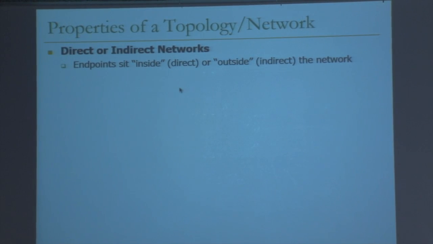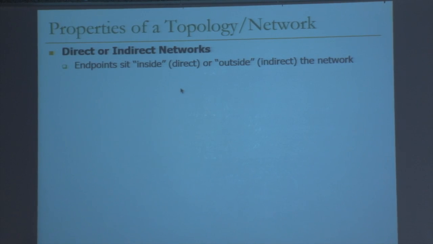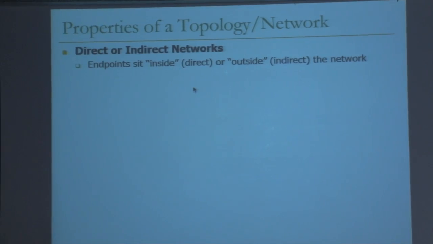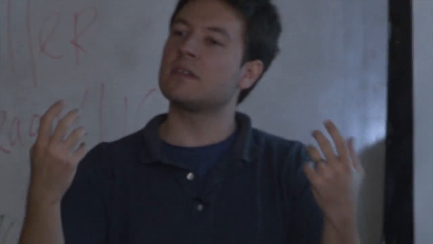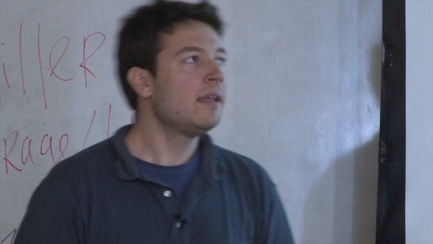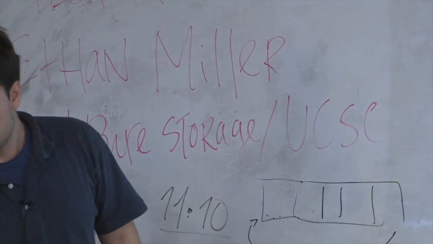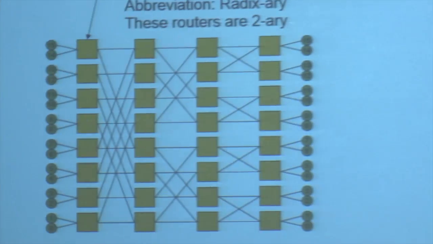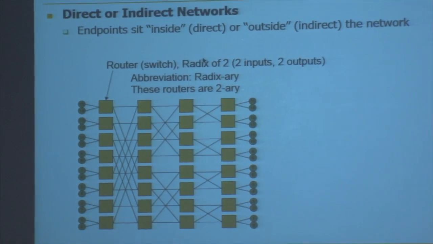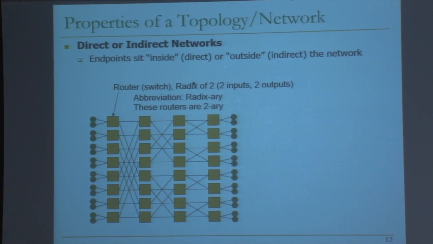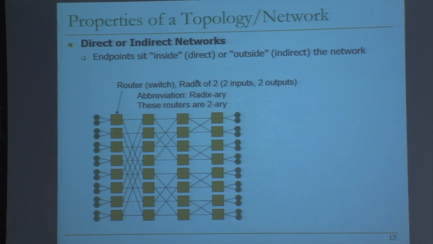Okay. Another type of classification is if the network is direct or indirect. In direct networks, the endpoints of the network, so the clients or the addressable units of the network, sit inside the network. In indirect, they sit outside, so on the edges of the network. So what do you think this network would be? Would this be direct or indirect? Indirect. Indirect, that's right.